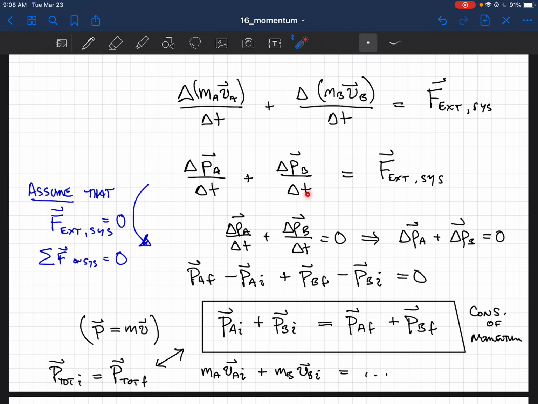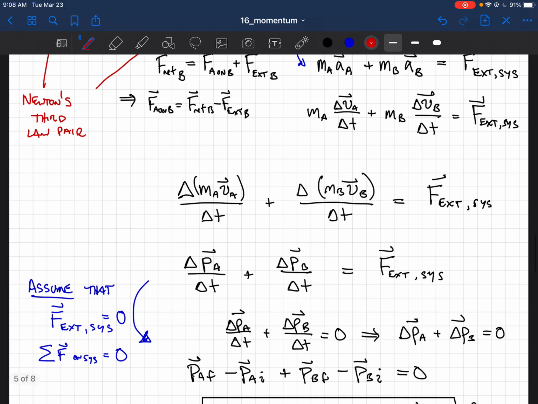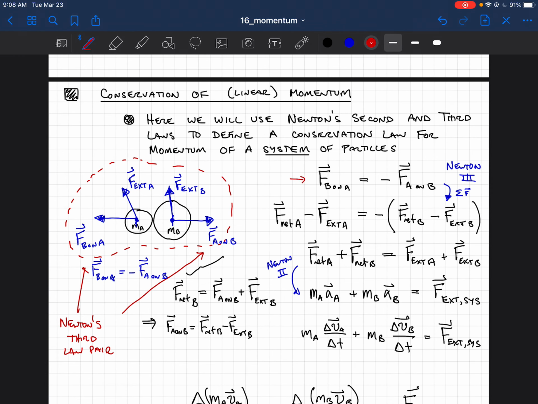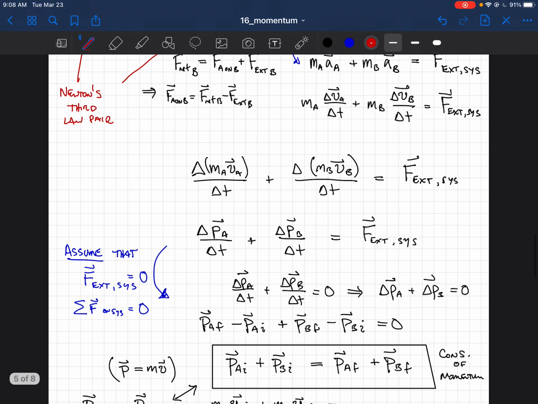And you notice we just used some delta t. We didn't say anything about how long that time interval is. So we're dealing with conservation of momentum between any two moments in time. And it will always be true as long as what? Well, as long as this assumption is true. So in our general equation, we used Newton's third law and Newton's second law, and that led us to this equation here.